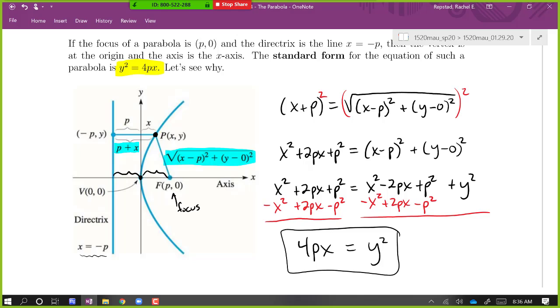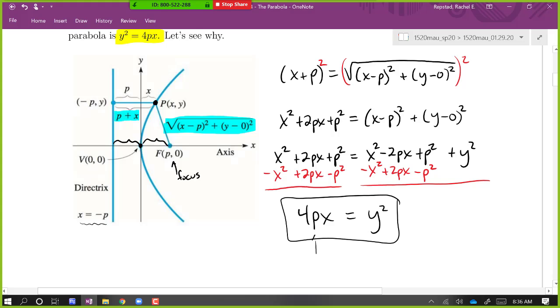So again, starting with the parabolas that have their vertex at the origin, that's what we're working with now. If it's oriented horizontally, the equation will look like y squared equals 4px. What I get from that equation, and why it's the standard equation, is that I can figure out what the value p is, and that tells me where the focus is, and also where the directrix is.